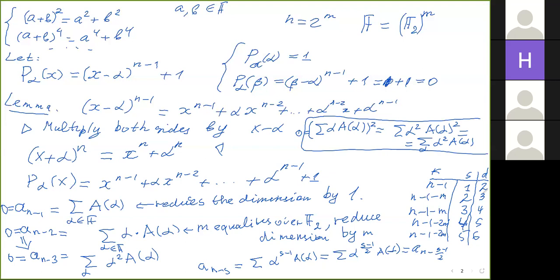So it's worth to use only either S is 1, which is not interesting, or the odd values, even values of S. Let's see.